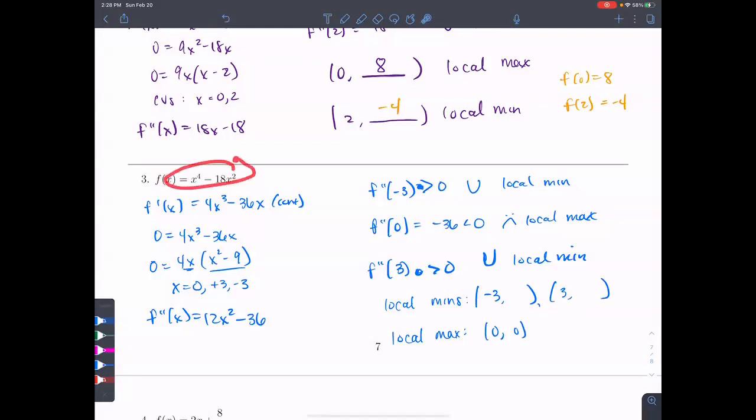Plugging in 3 and -3 here, it doesn't matter. 3 to the 4th minus 18 times 9. This is -81. That's because f of -3 equals -81. F of 0 is 0, and f of 3 is -81.